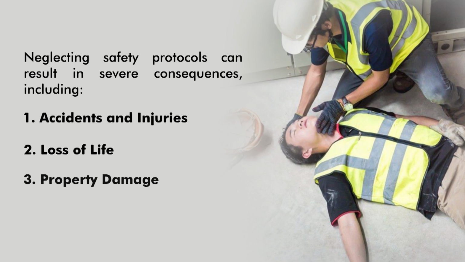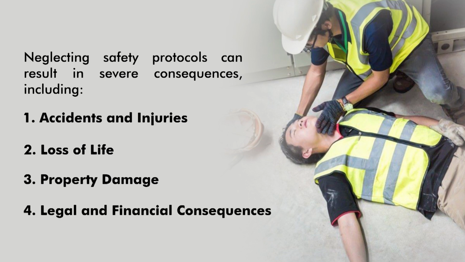Inadequate fire safety measures can lead to devastating fires and damage property, equipment and inventory. Next one is legal and financial consequences. Non-compliance with the safety regulation can lead to legal penalties, fines and increased insurance cost. Additionally, accidents and fire can result in lawsuits and compensation claims.